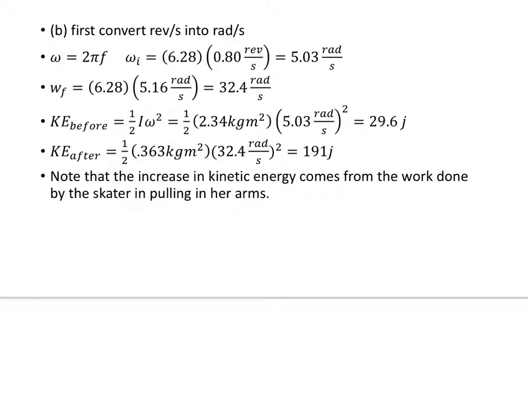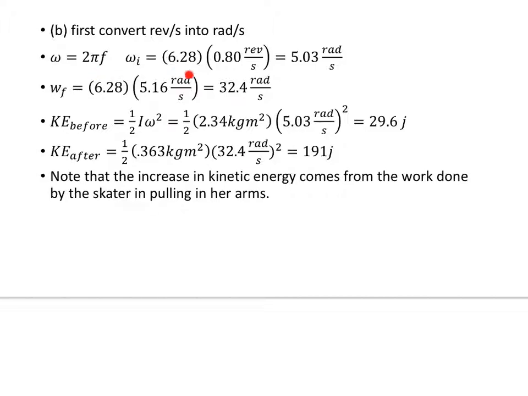The last part of the problem was to compute her kinetic energy before she pulled her arms in and after she pulled her arms in. Okay, so the first thing we have to do is to compute the angular velocity in radians per second, because the problem gave it to us in revolutions per second. So you might recall that to convert from revolutions per second to radians per second, we simply multiply by 2 pi, because there's 2 pi radians per revolution.